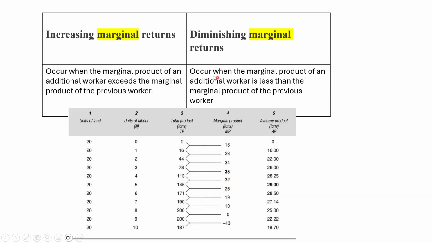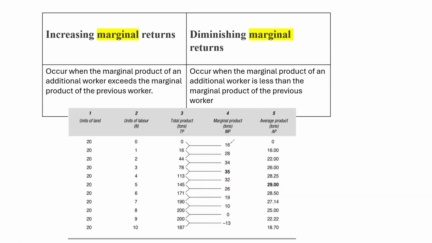It occurs when the marginal product of the additional worker, this is the fifth worker, and the marginal product is 32, is less than the marginal product of the previous worker. So 32 is less than 35. So here we start to experience diminishing marginal return. This is where your graph would look like this.